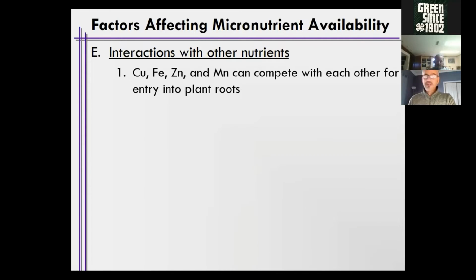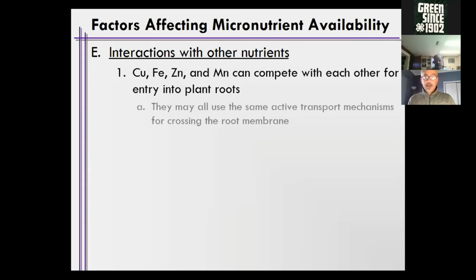So, for example, copper, iron, manganese, and zinc may all compete with one another for uptake into plants. And why is that? Well, here we are, 2020, almost 2021, and scientists like myself still really haven't nailed down the mechanism or mechanisms by which these 4 micronutrients are taken up by plants.